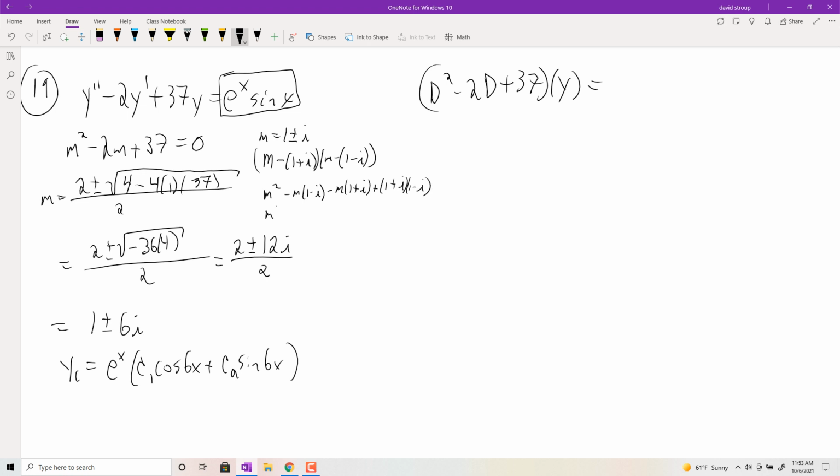And then that would be m squared minus mi plus m, minus m plus mi, minus m minus mi plus 1 minus i squared, which would be plus 1. So you'd end up with m squared minus 2m plus 2. So the annihilator is D squared minus 2D plus 2. Okay, and then that would equal 0.